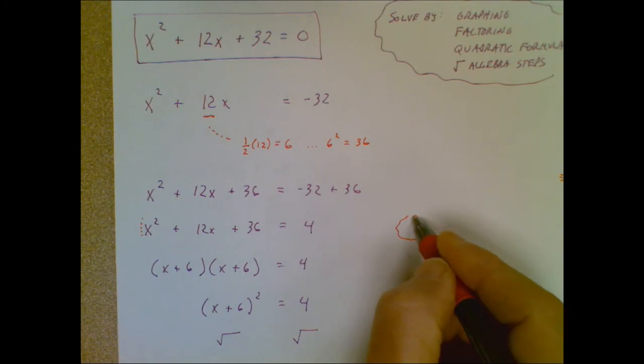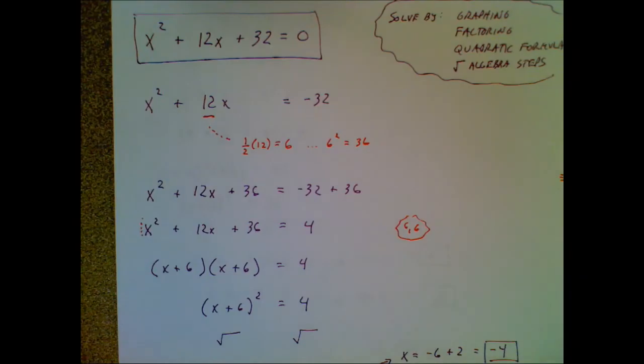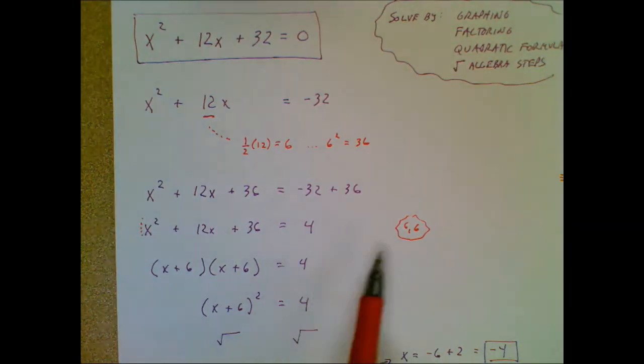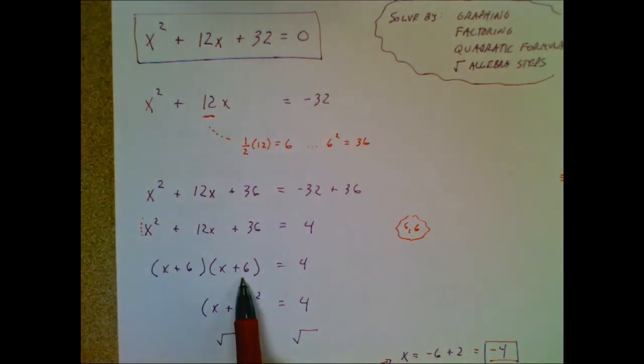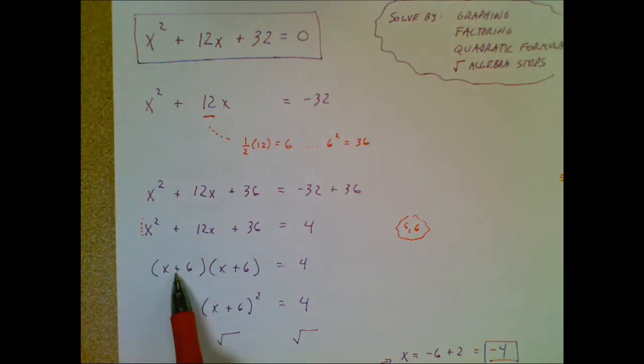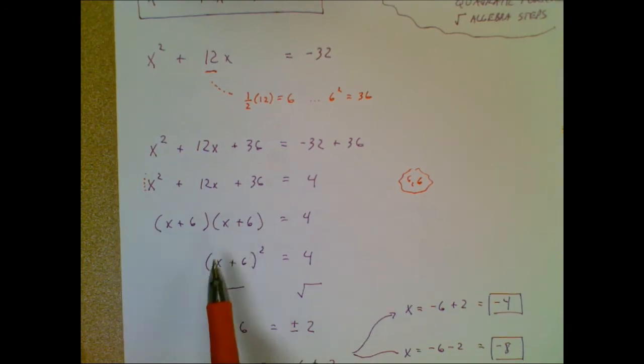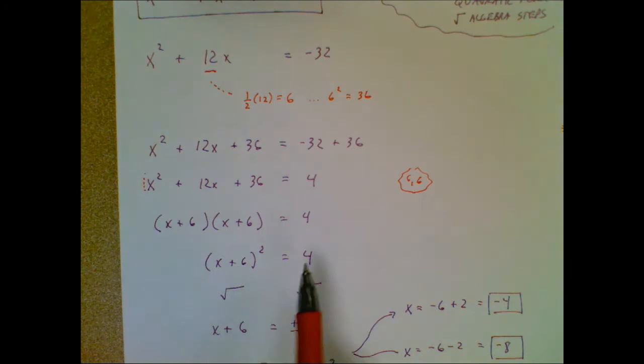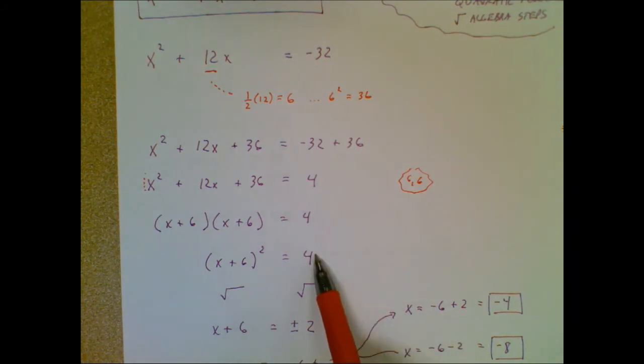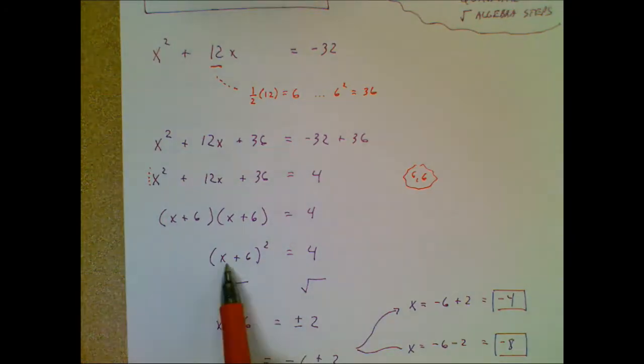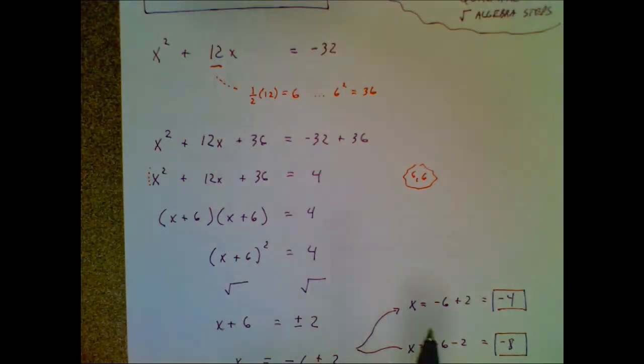So I factor this into that. Well, x plus 6 times x plus 6 is x plus 6 squared. So I just rewrite it. Notice that I'm just recopying the right-hand side and being very meticulous. At this point, this is something I can solve.